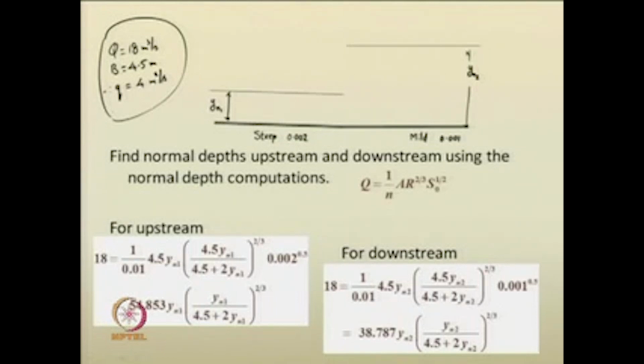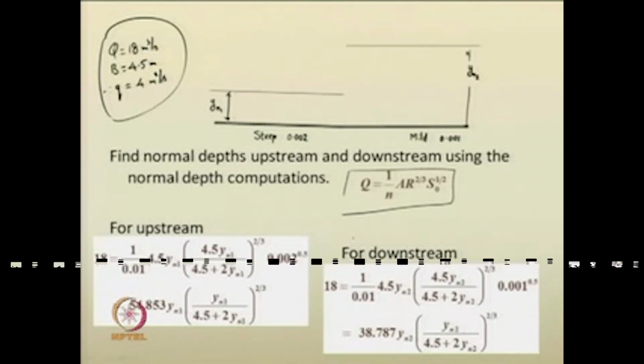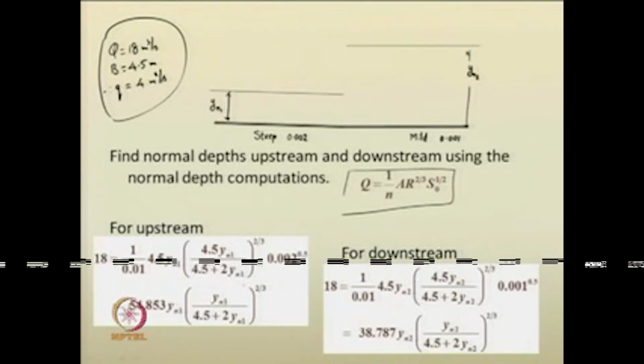Now, find the normal depths upstream and downstream using the normal depth computation. You remember the Manning's equation for computing the discharge in uniform flow. Based on that you find the normal depth. In the upstream section, based on the given data, we can rearrange this equation and substitute.